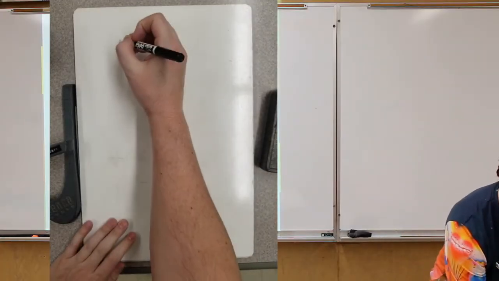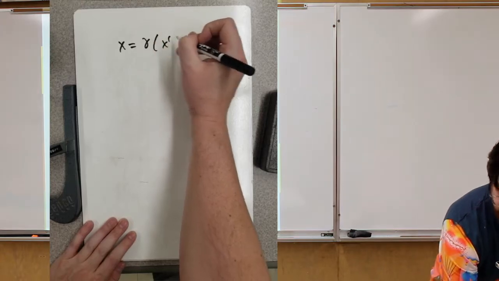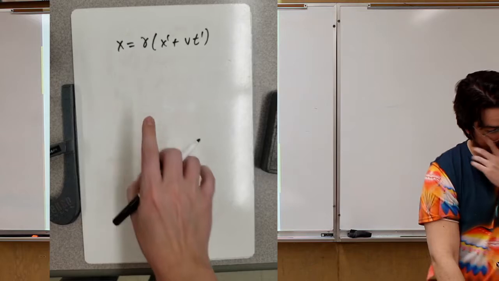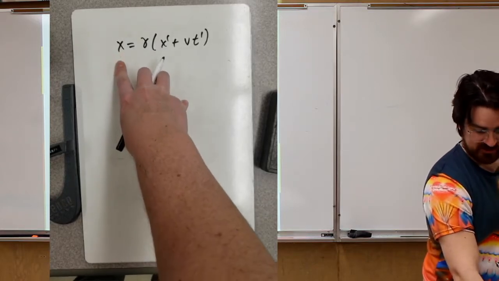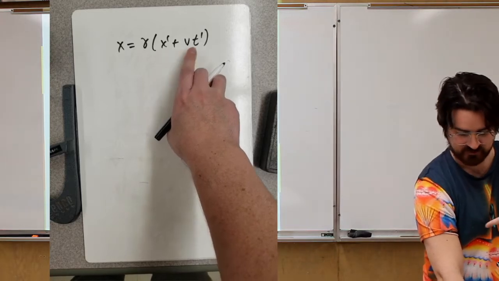Right. So from our Lorentz transformations, we had this for a relation between position in the stationary frame or the unprimed frame relative to the position in the moving frame, prime frame.